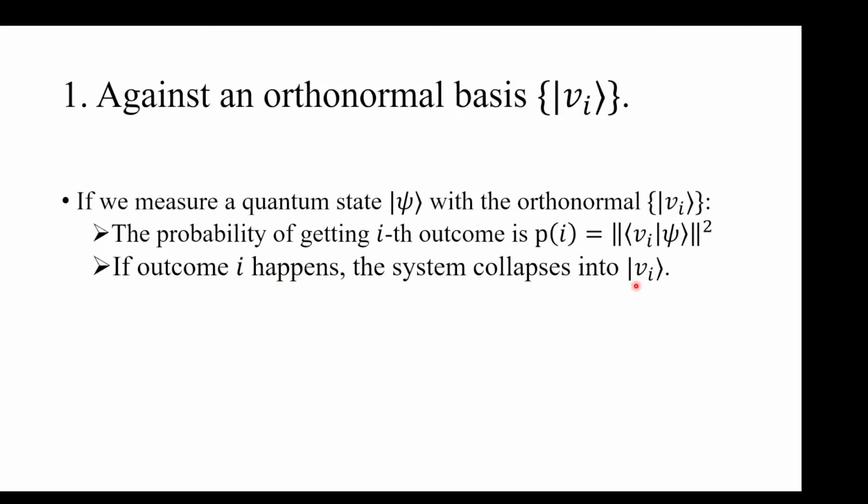If the outcome I happens, then the state of the system becomes vi. So this is against an orthonormal basis. Say if vi is your computational basis, then it is just basis 0, 1, or longer strings if you have more qubits. If you measure one qubit in the computational basis, you will get 0 or 1 with some probability.